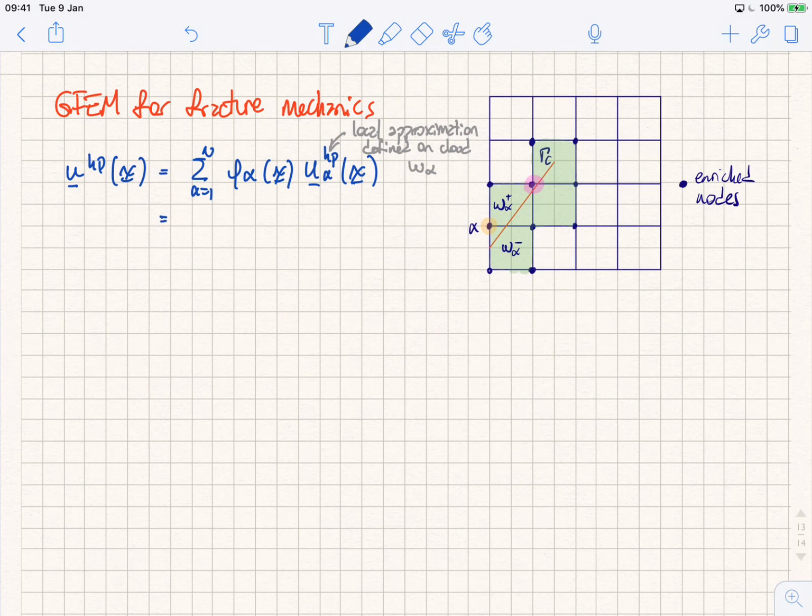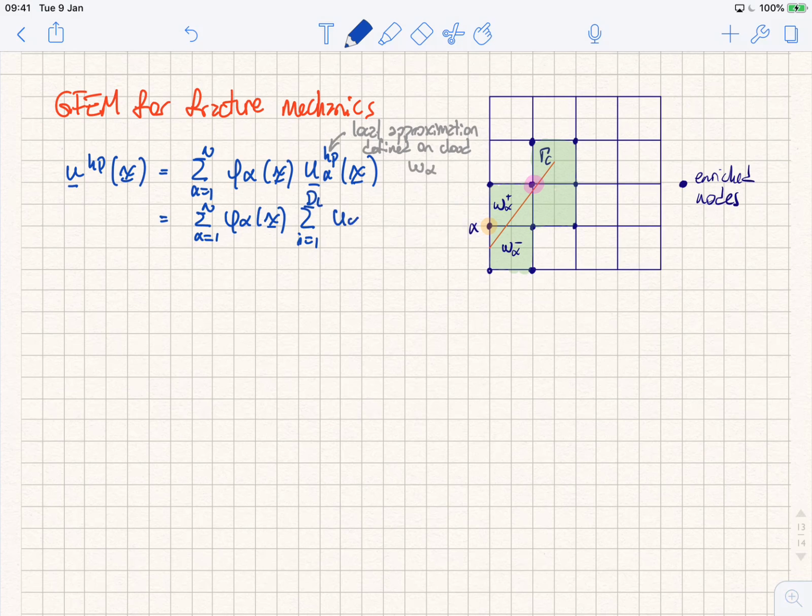And of course, the other way to write this by means of enrichment functions, we have seen this already, is by having a sum over the enriched space.